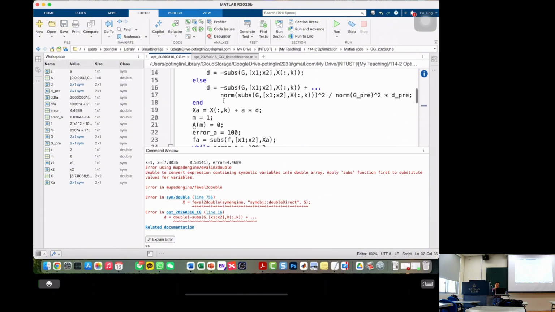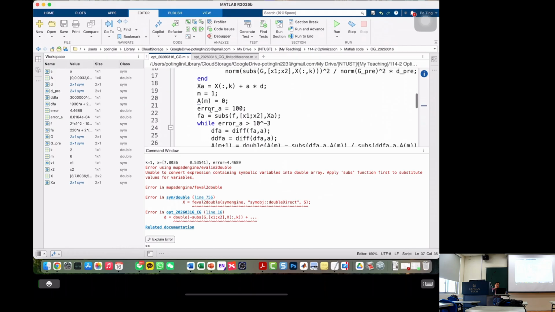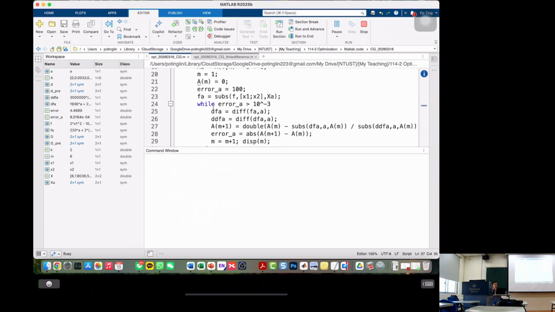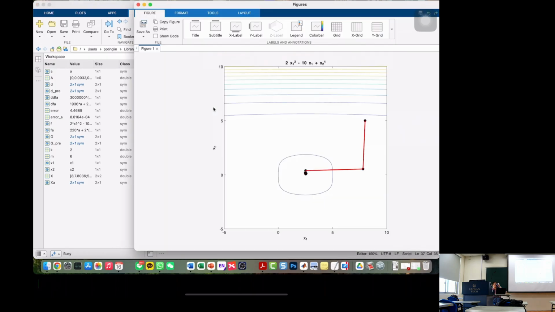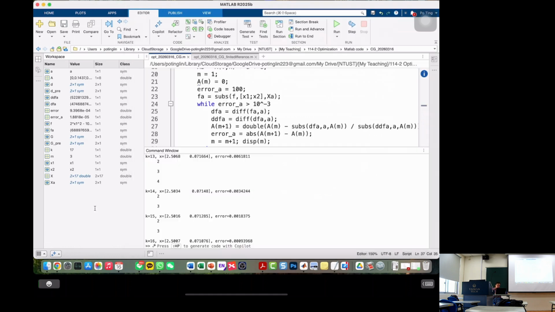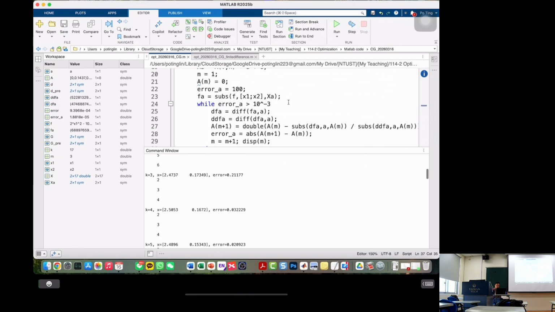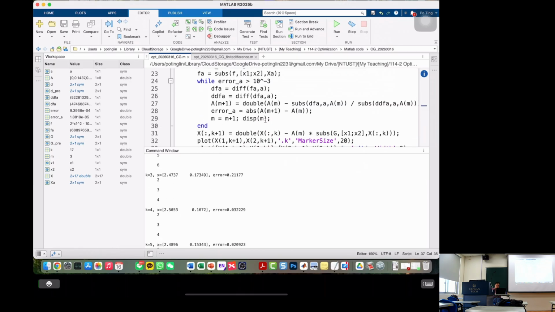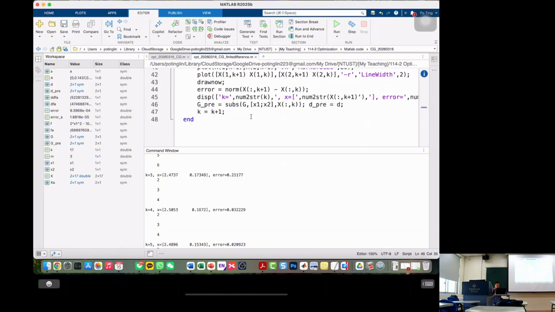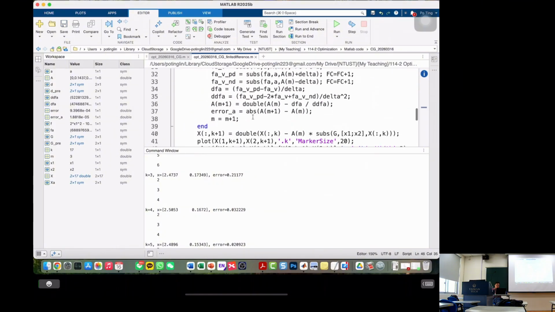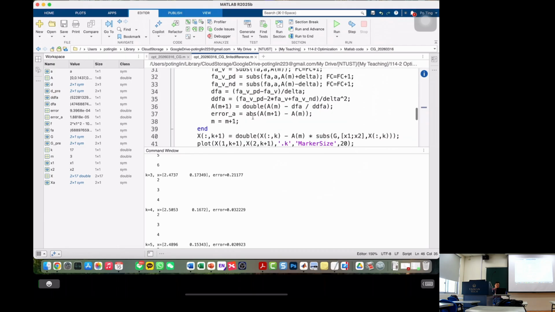I think that's it. Let's see if that resolves the issue. Last time I was trying to display this M. I don't need this anymore. Do not display M.